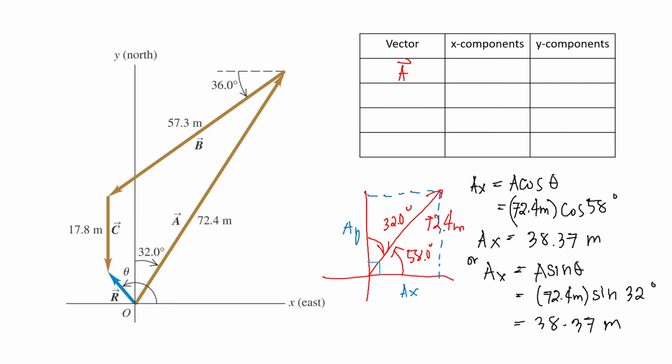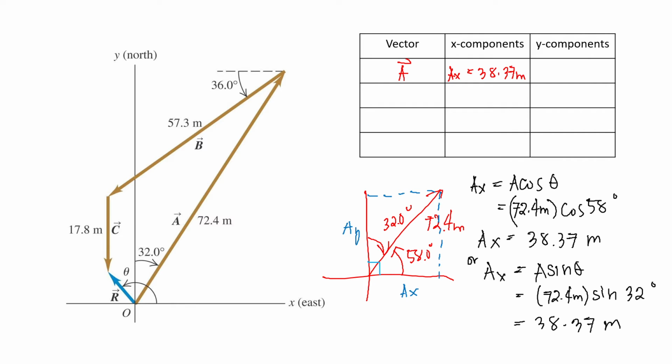So we have our AX, which is equal to 38.37. So let me write this one in our table. Our AX is equal to 38.37 meters.